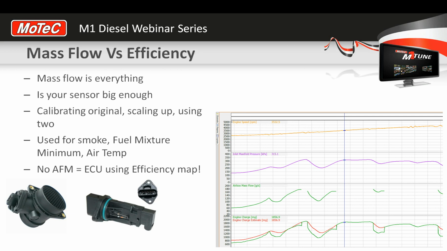Deal with it at the beginning, and if you can work out the flow rate increases you're going to achieve, then in most cases you can actually size the whole thing up by removing the element out of the EMS meter and putting it into a larger diameter pipe.